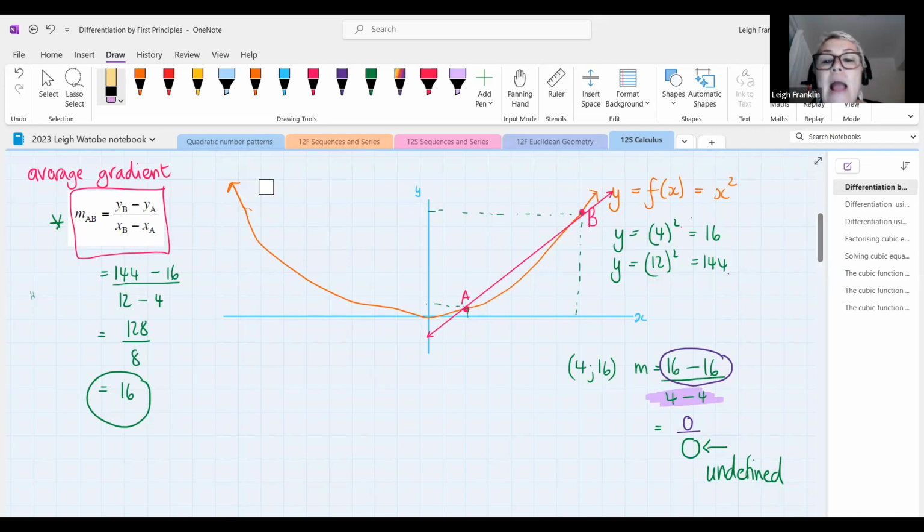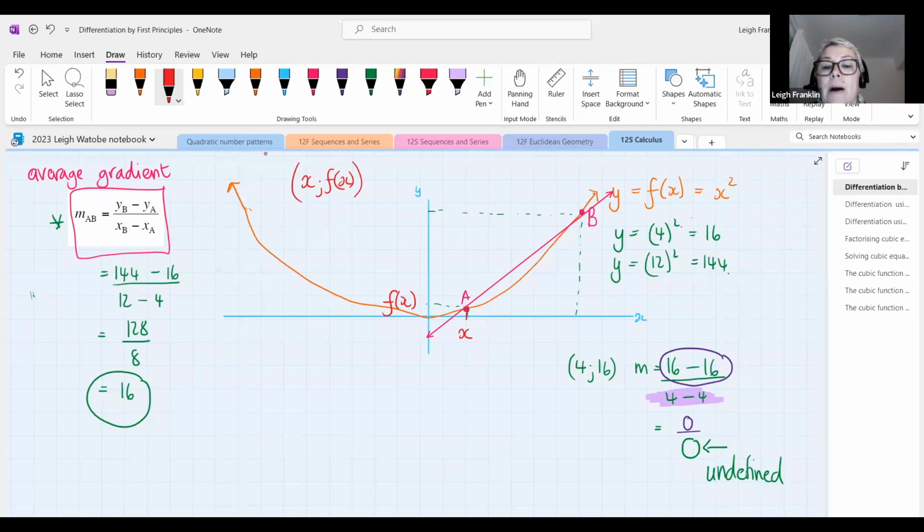Let's say that at A, the x coordinate is called x, and the y coordinate that comes out is called f of x, or y. That's something we've all seen before.